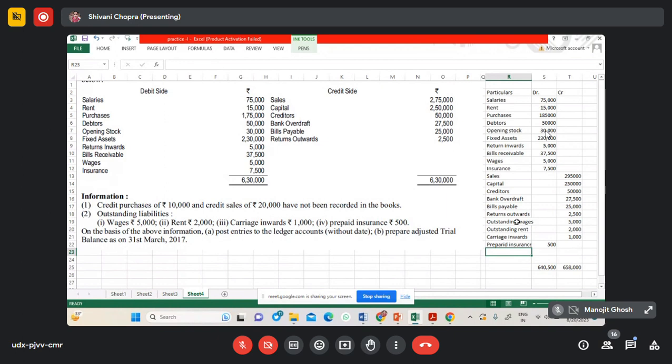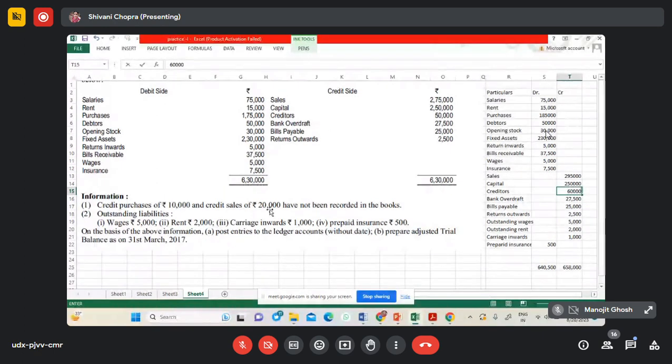That means we have not paid. What if it would have been a cash purchase? Then bank or cash will decrease and purchases will increase. Very right. Credit purchase means I purchased 10,000 but I haven't paid for it. So I added into purchases, but then I also need to add to the creditors. Creditors were 50,000. I'll make it 60,000.